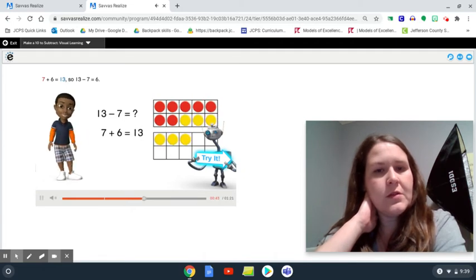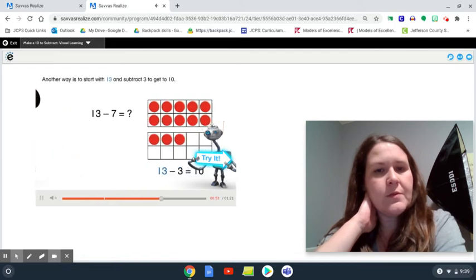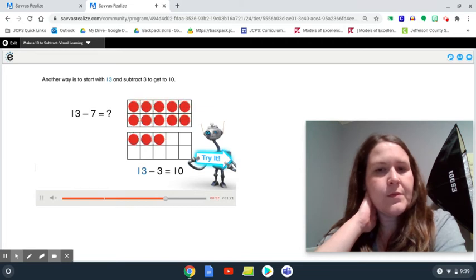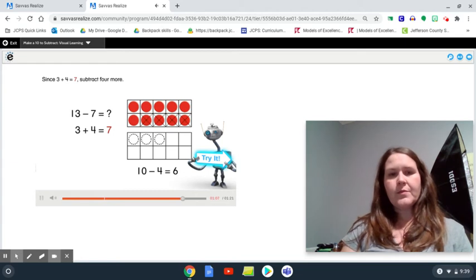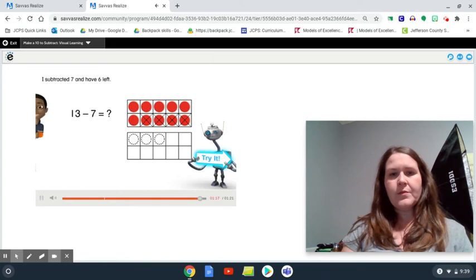So 13 minus 7 equals 6. I added 6 to 7 to make 13. Another way is to start with 13 and subtract 3 to get to 10. Since 3 plus 4 equals 7, subtract 4 more. So 13 minus 7 equals 6. I subtracted 7 and have 6 left.